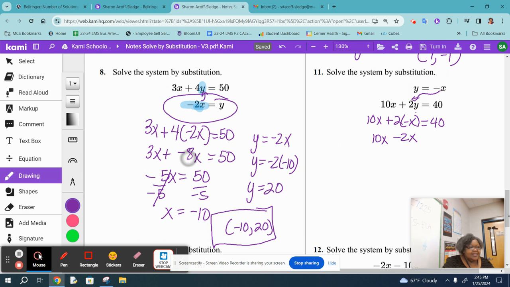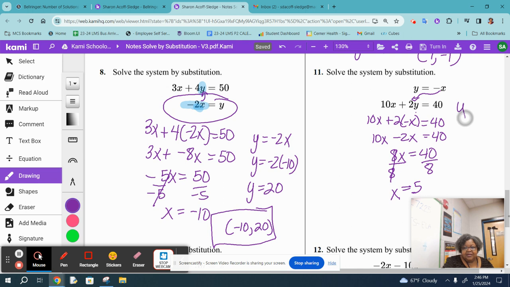I put plus a negative there; you don't have to do that. 10x minus 2x is 8x. 8x is equal to 40. Divide both sides by 8. X is equal to 5.